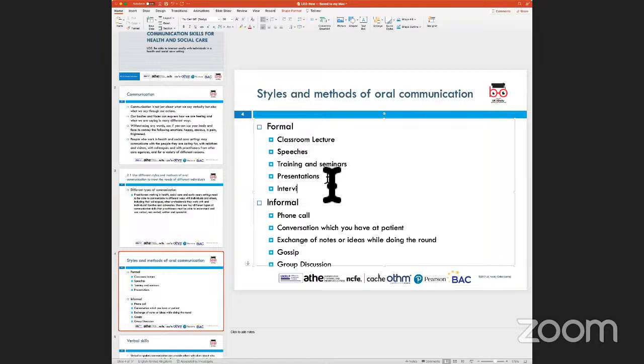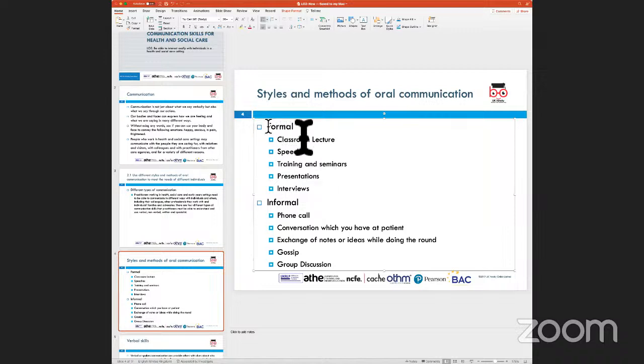I could also put interviews. When you're interviewing for, for example, a position or a job, that could be a form of formal oral communication. And sometimes you get into debates or presentations, so there are various different styles that we could look at in terms of how oral communication can be done.